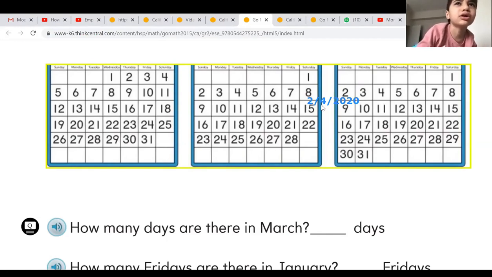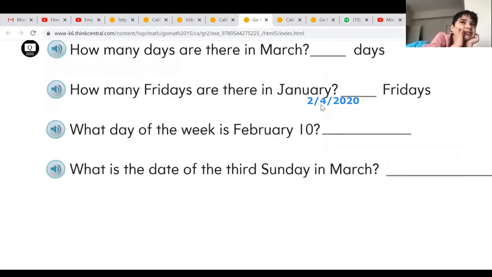You will go to the 10th day of February and look up. What is the name of the day? It's Monday. Very good, Ahmad. Very good, Usama. You are doing very well as well. Very good, Miran.